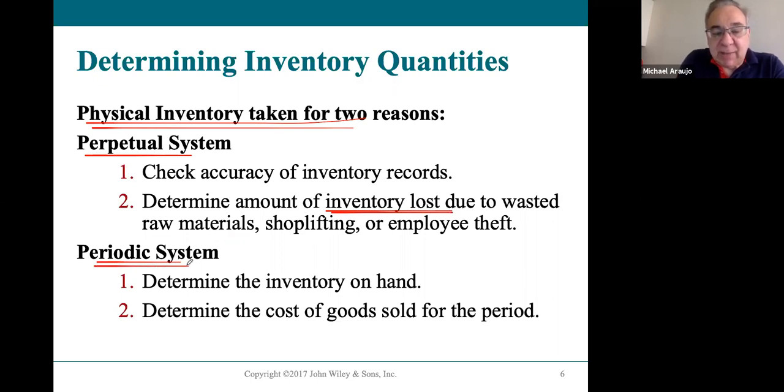And a periodic system is literally something in which you will physically count the inventory periodically. So usually at least once a month is typical here. And there you're counting the inventory that you still have, comparing that with the inventory you started with. And whatever is not there becomes your cost of goods sold. And so that's a physical counting system that we do.